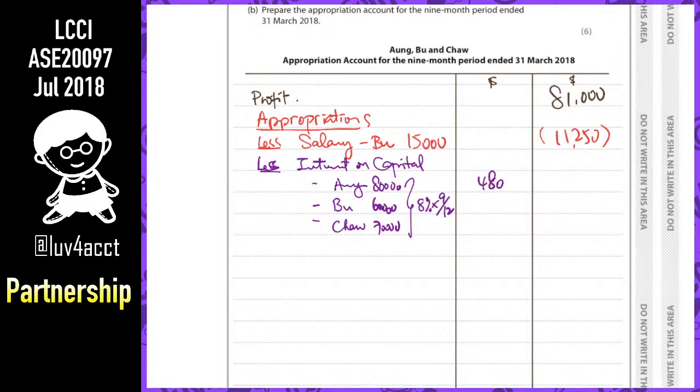Okay, so 48, and then 42. Okay, so finish. 12600. Okay, and then we have profit available for distribution.